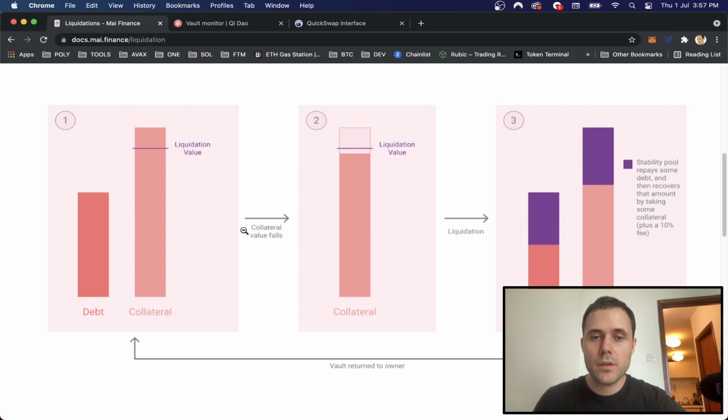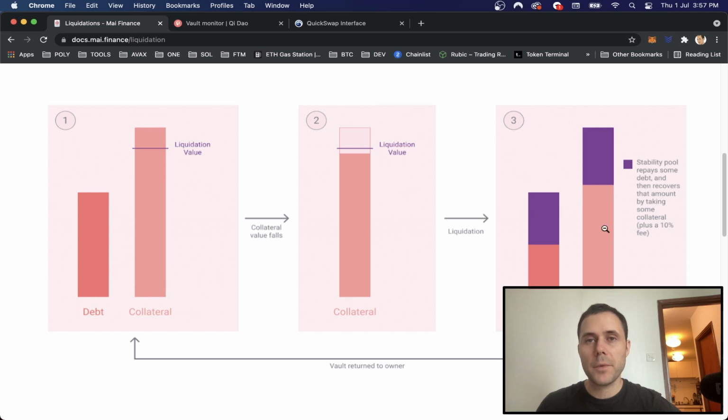So here we can see the collateral value falls below the liquidation value. And then what happens is the stability pool repays some debt and then recovers some of that amount by taking some collateral plus a 10% fee. So you will lose some of your collateral, and your debt will be paid back using that collateral, and then also a 10% fee will be taken as well. And then your vault will be returned in a safe state.